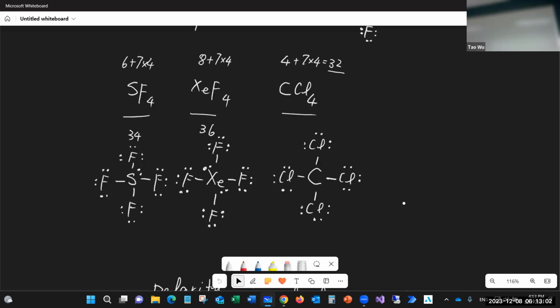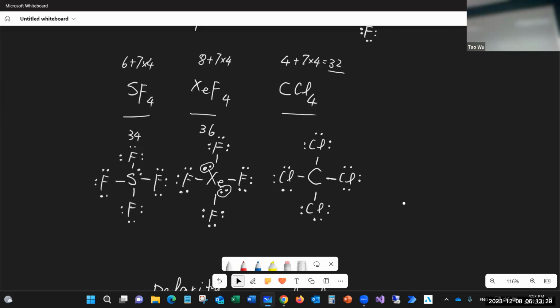Now the second one, xenon tetrafluoride, XeF4, has 36 electrons. It has 4 bonds, but 2 extra lone pairs on the central atom. In other words, it is not a 5 electron domain anymore, so the geometry is not this one.